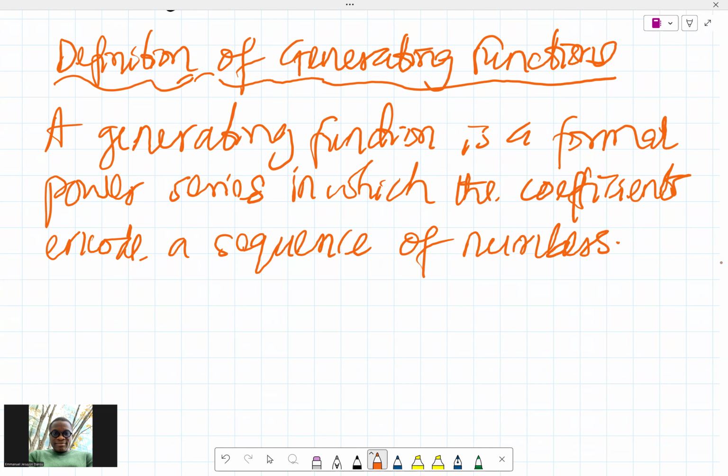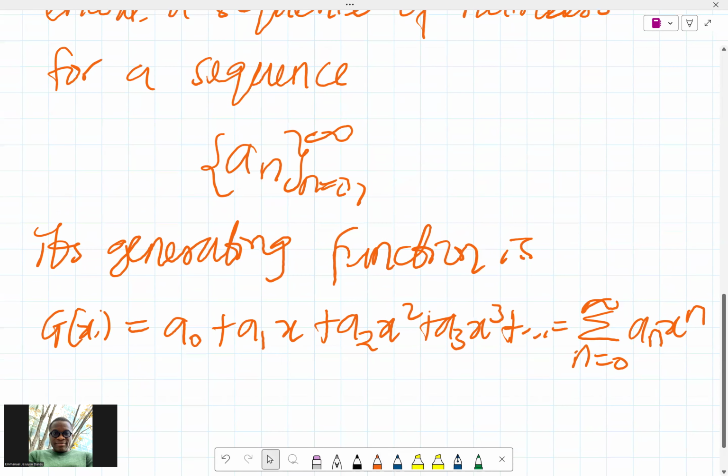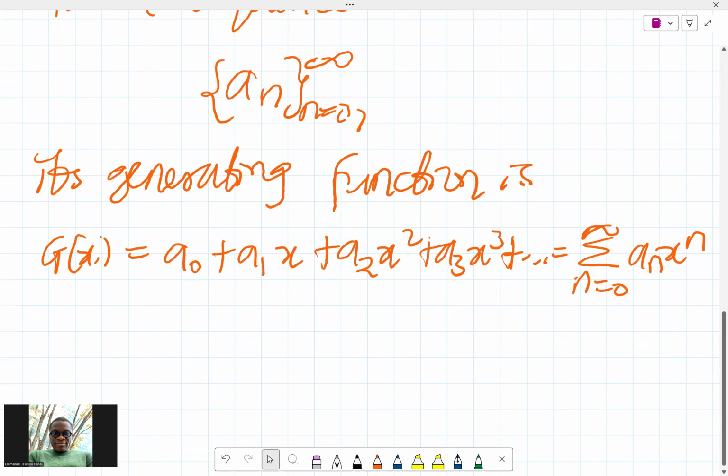And all of that can be written as the summation from n equals 0 to infinity of a_n x raised to power n, basically. So that is what the generating function of a sequence a_n would look like.